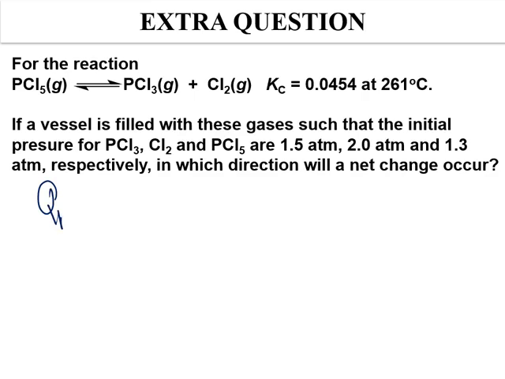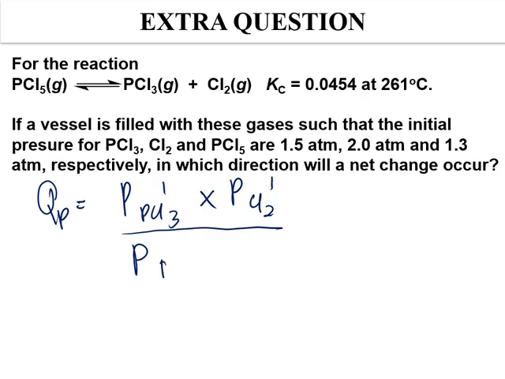So QP same expression produk awak iaitu pressure of PCl3 to the power of 1 multiple by pressure of Cl2 to the power of 1 divided by pressure of PCl5 to the power of 1. So masukkan nilai. Pressure of PCl3 is 1.5 kuasa 1.